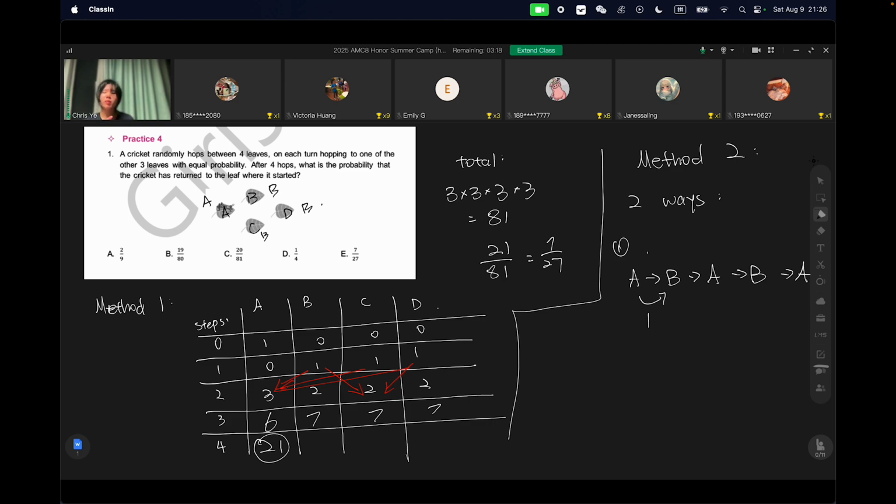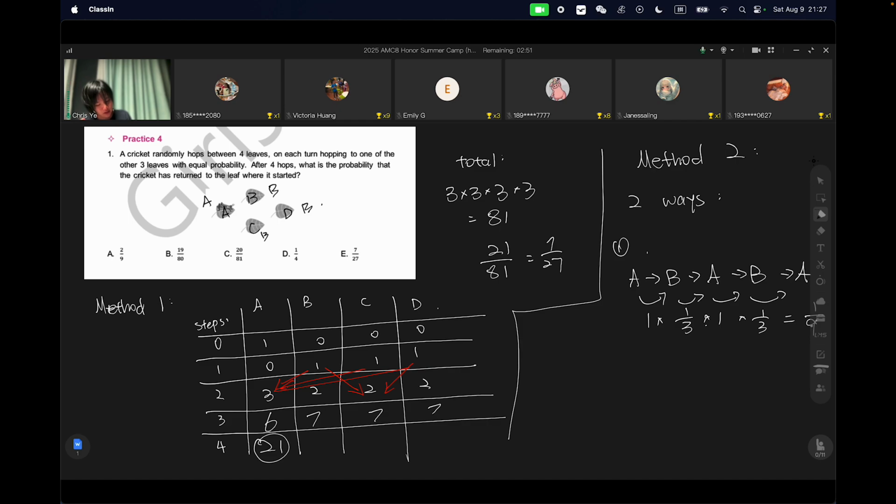However, the probability of B jumping to A is going to be 1/3, because there are 3 other leaves that B can choose from, and 2 of them are also B, and only 1 of them is A. So it's going to look like this. And again, A has to jump back to B, so it will be 1 again. And lastly, this will also be 1 out of 3, and the answer is going to be 1 out of 9 for the first way.